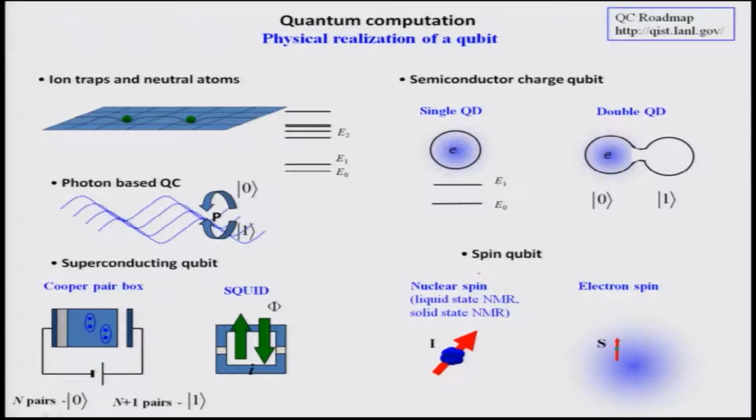So, here in real terms of the physical realization of the qubit, here go some of the ideas which have been discussed in detail. The ion trap and the neutral atoms, for instance, have different states which are under different trapped conditions, and they correlate, and those are the ones which have been addressed.